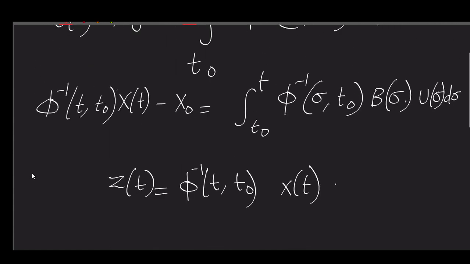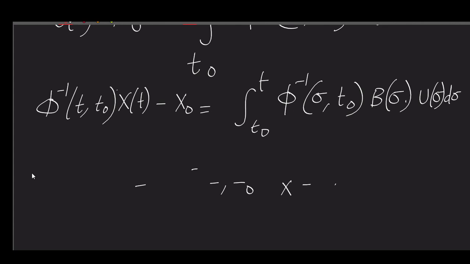So what you can do here is that you pre-multiply both sides with phi inverse, meaning phi(t, t), so that will yield you this.